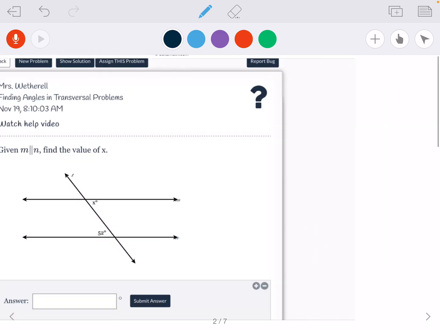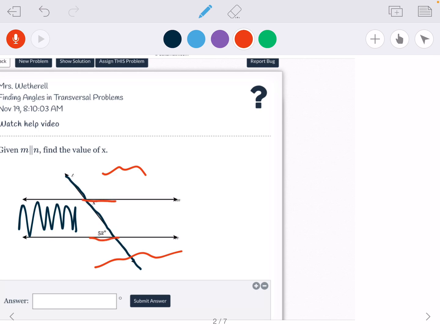Okay, so the next problem, you got those 4 congruent angles and then the other ones that equal 180. So you have to figure out what you have. You look at your transversal here. Are the angles inside your parallel lines, or are they on the outside? Well, we can tell that they're inside, in between. Now we have to ask ourselves, are they on the same side of the transversal, or on opposite sides?